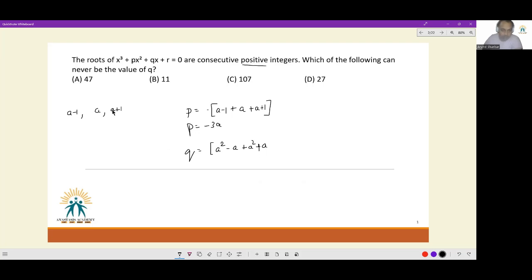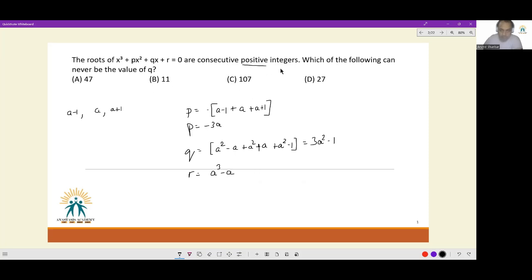And finally, the first and the last root multiply to give me a square minus 1. Altogether, here I get 3a square minus 1. Okay. Now, r definitionally is simply product of roots. If these three numbers are multiplied, we get a cube minus a.